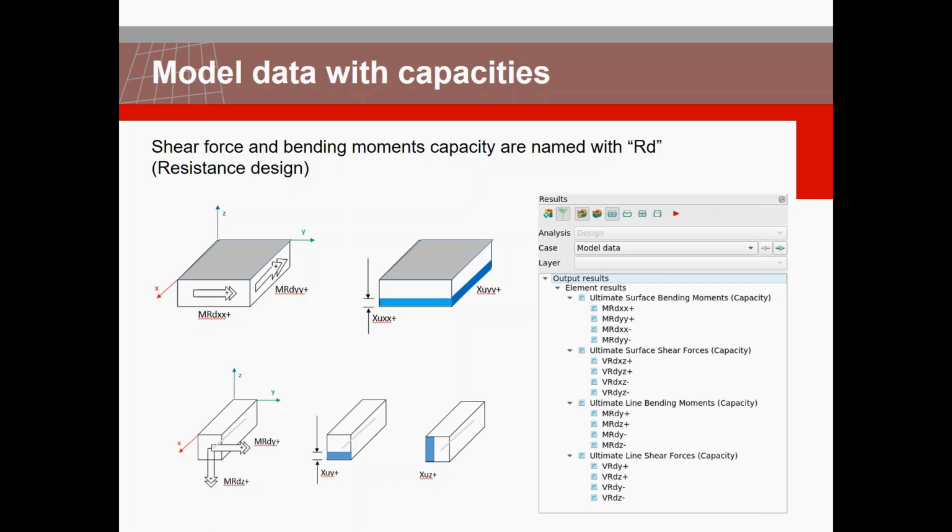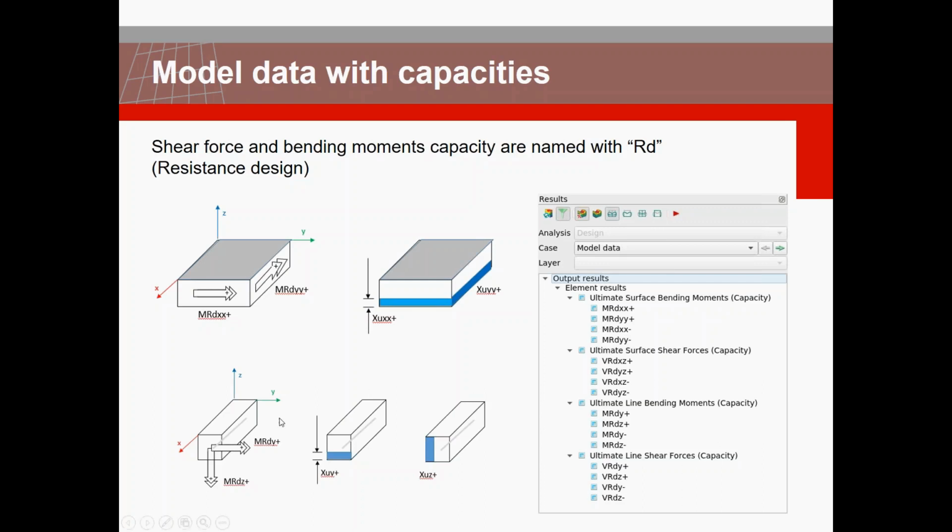A positive bending moment means that it has tension at the positive side. With the corresponding capacity moment, we also calculate the pressure thickness. So if you have a positive MRD XX plus, you have tension at the positive side, so you end up with a pressure thickness or a pressure height at the bottom side. So with a plus and a minus sign behind it, you know it is a positive or a negative value.